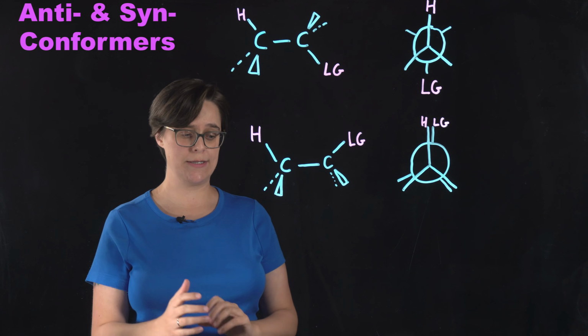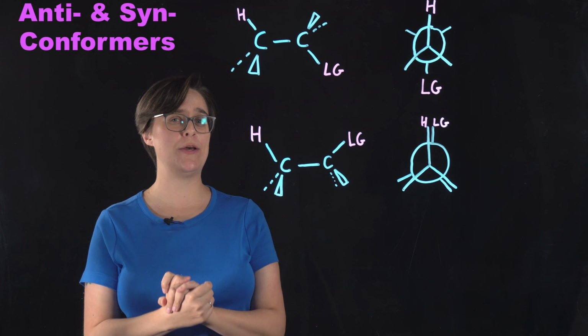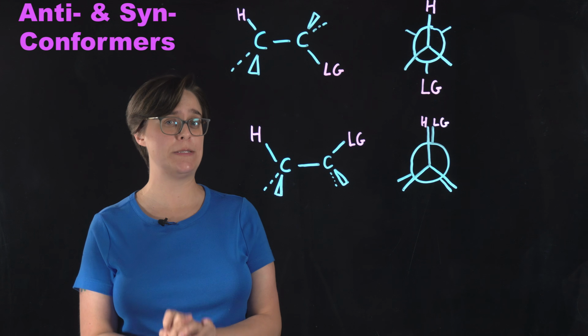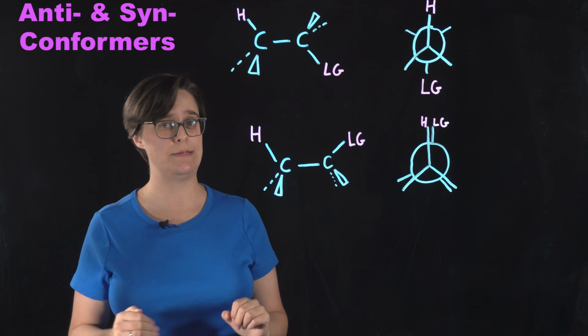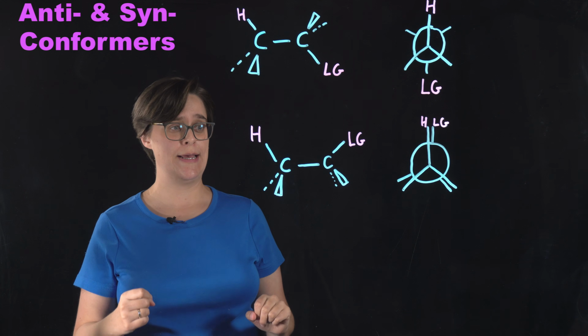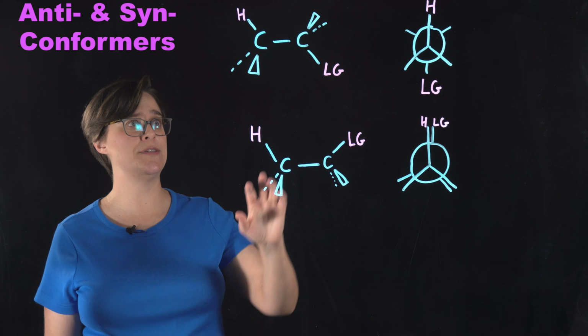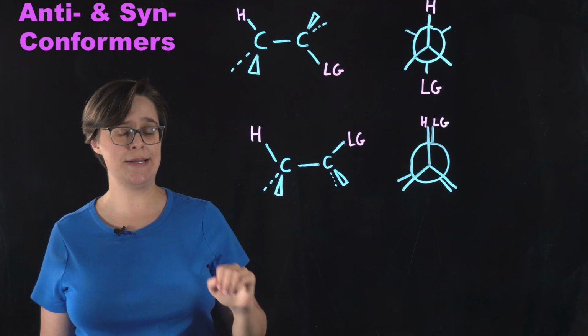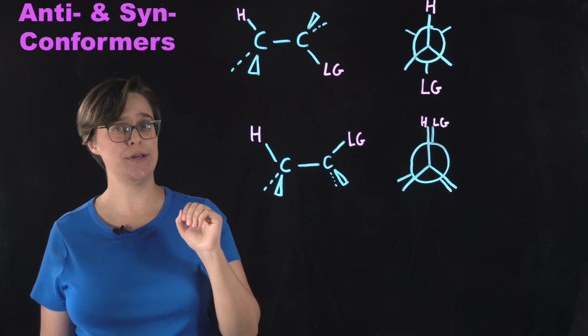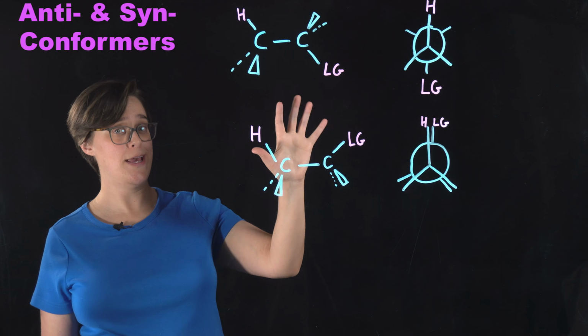And because of that, our orbitals need to be overlapping in really specific ways for this mechanism to actually occur. And there are 2 and only 2 conformations about this bond that actually work to get E2 to happen, and this is it.